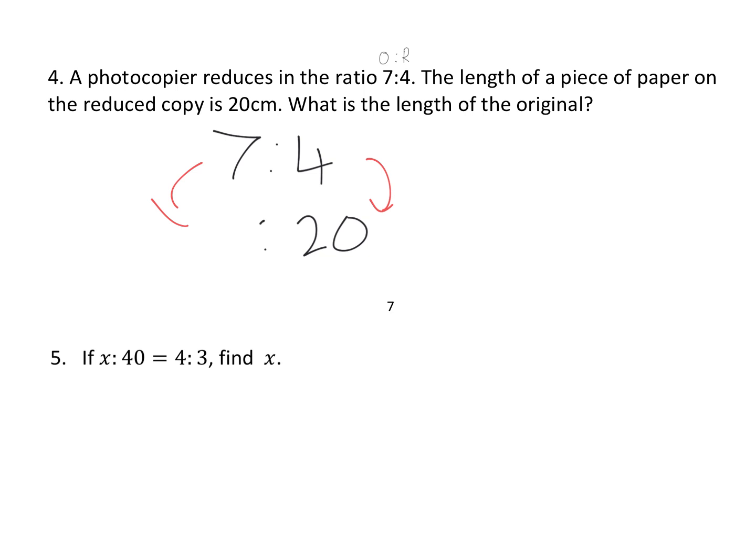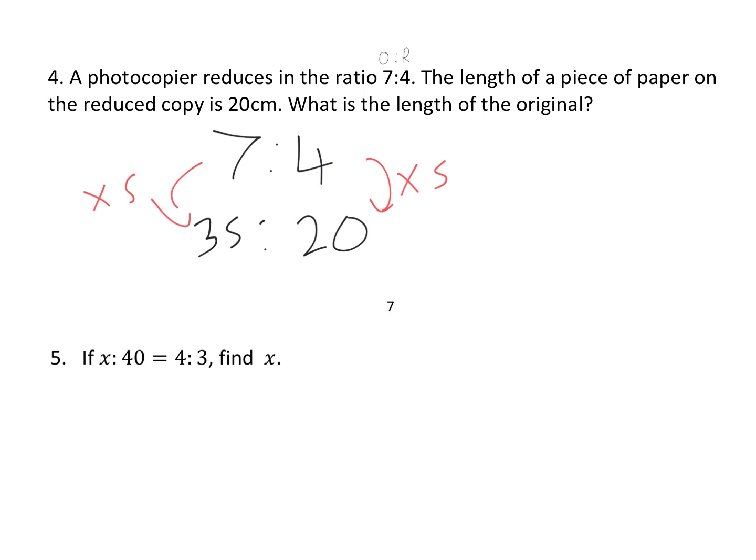You can see that 4 to 20 would fit in 5 times, and we can keep it equivalent on the left hand side. 7 5s are 35. So 35 centimeters on the original would shrink down to 20 centimeters on the reduced copy. That's how you'd approach that question, mainly because the numbers 4 and 20 fit into each other. That's why I would go with it.